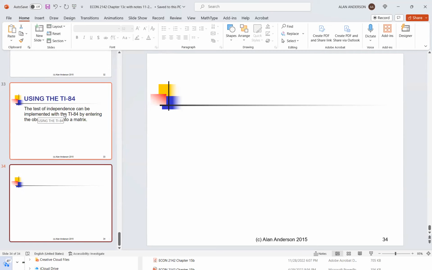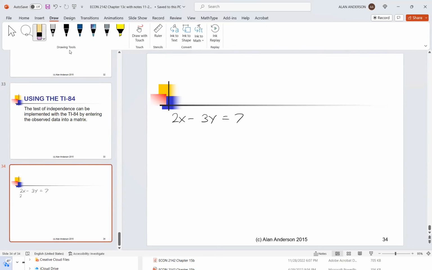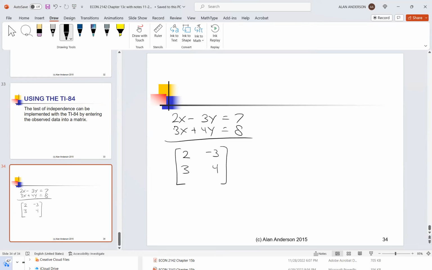You may remember solving equations like something like this. Here we have a system with simultaneous equations, and one technique for solving for X and Y is to set these up as a matrix. And if this doesn't look familiar to you, that's okay.